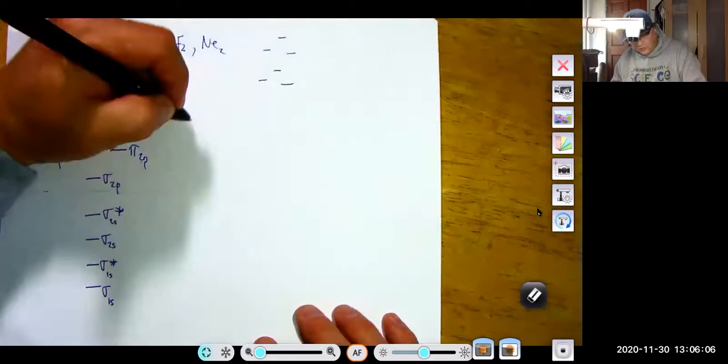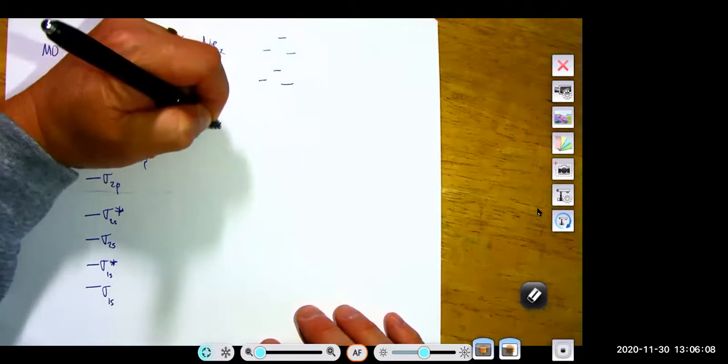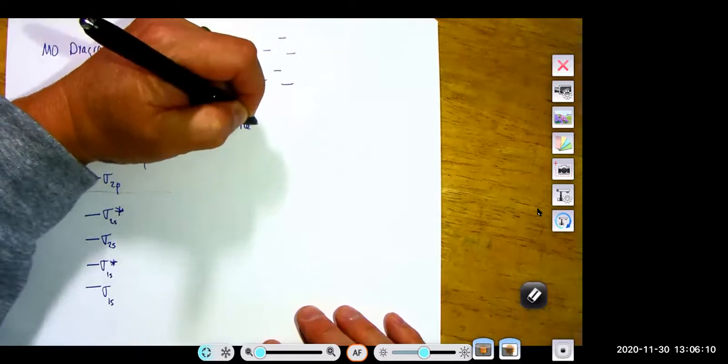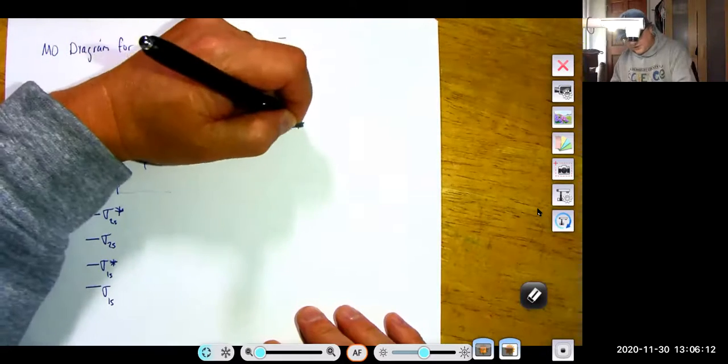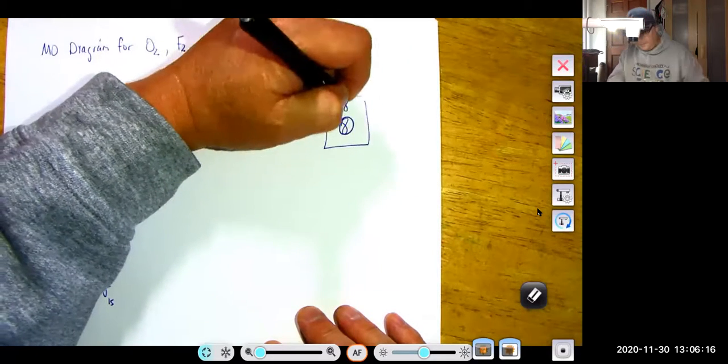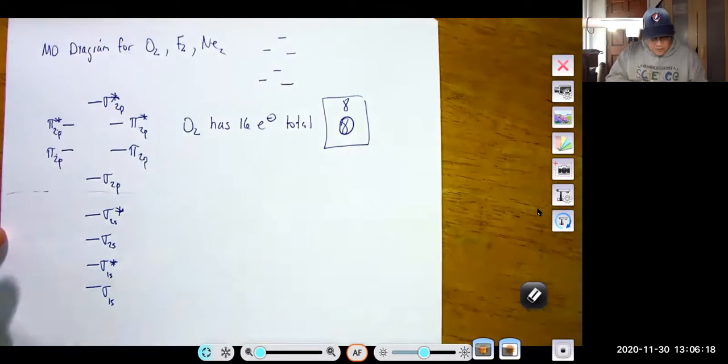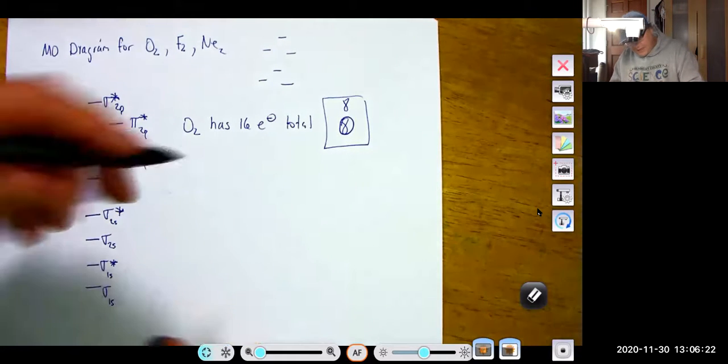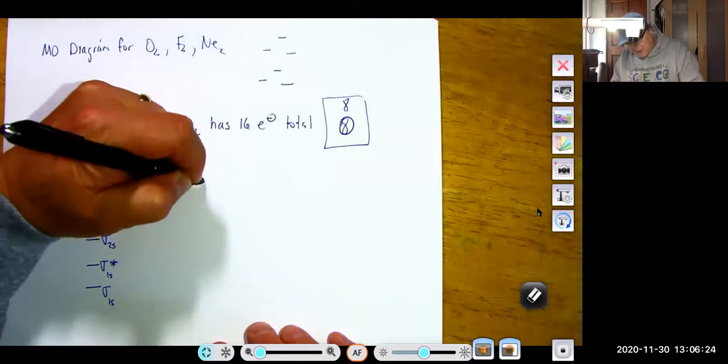So O2 has 16 electrons total because the atomic number of oxygen is 8. So what I want you to do is put the electrons into this diagram, and I want you to comment on the magnetism.